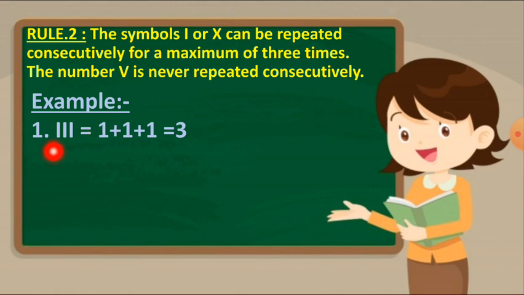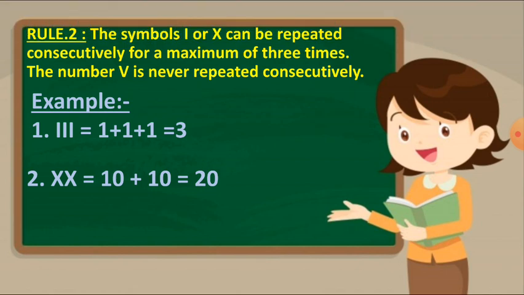First example, 3 times I is equal to 1 plus 1 plus 1 is equal to 3. The second example is XX is equal to 10 plus 10 is equal to 20. And 5 you cannot repeat. So that is why only one V will be there. So this is the second rule.